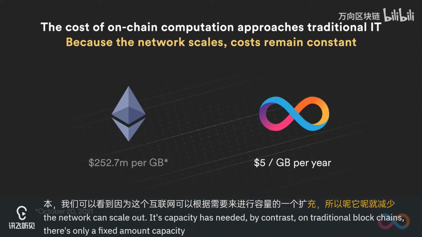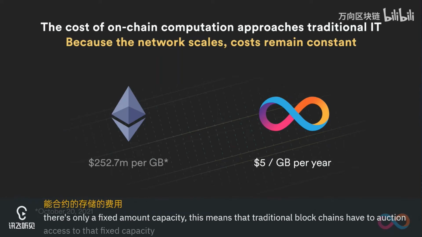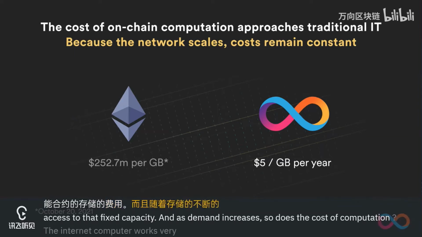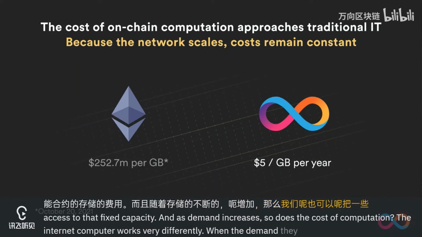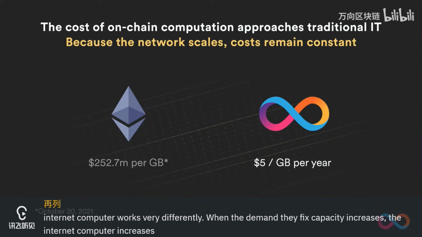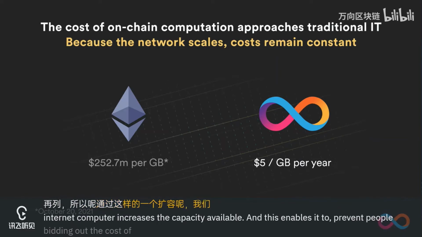This means that traditional blockchains have to auction access to that fixed capacity, and as demand increases, so does the cost of computation. The internet computer works very differently. When the demand for the fixed capacity increases, the internet computer increases the capacity available.